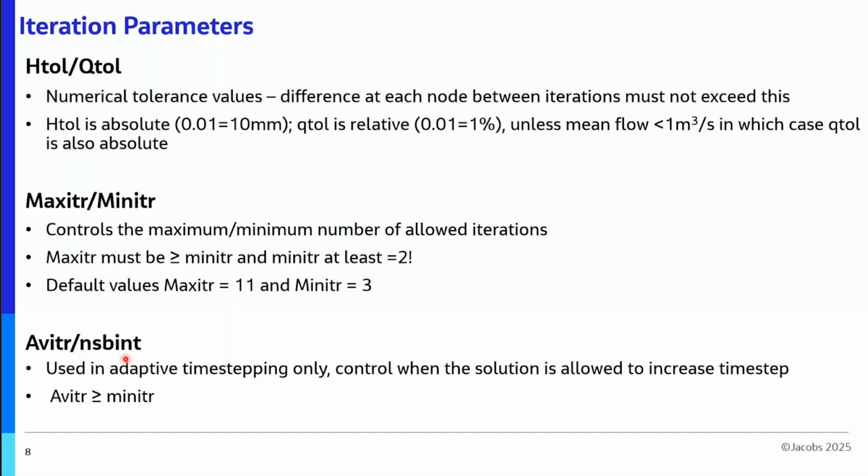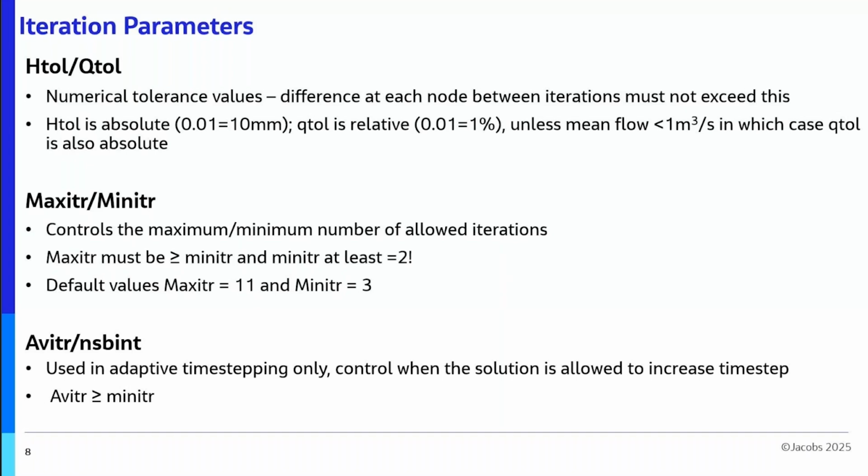Finally, another couple of iteration parameters are AVTR and nSpint, and those two are used in adaptive time step only. They control when the solution is allowed to increase the time step.